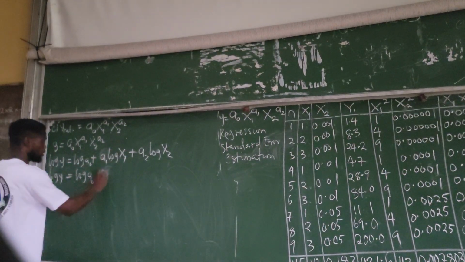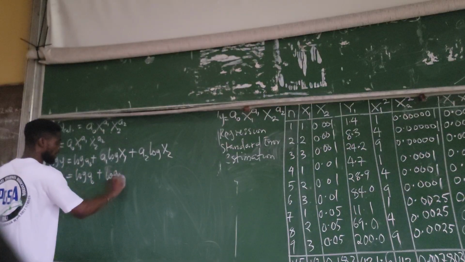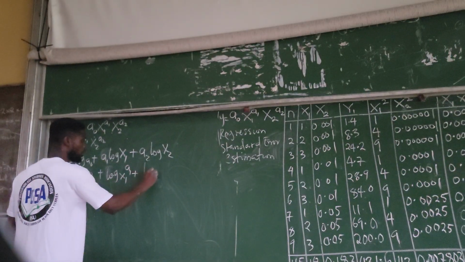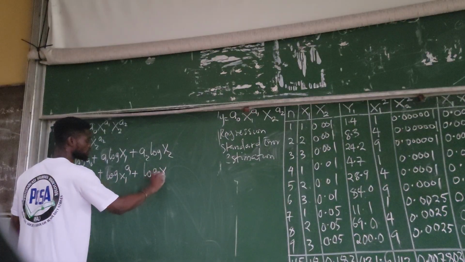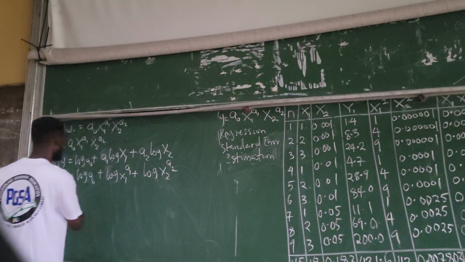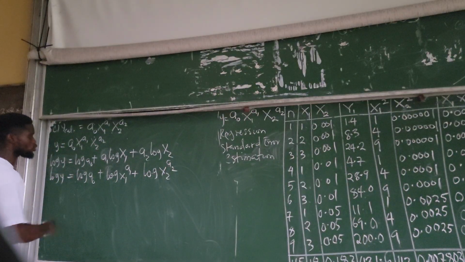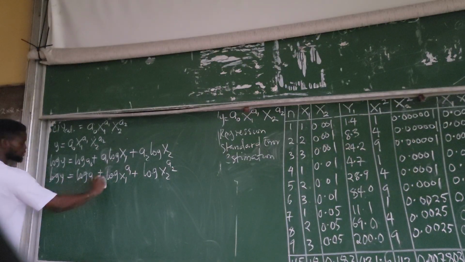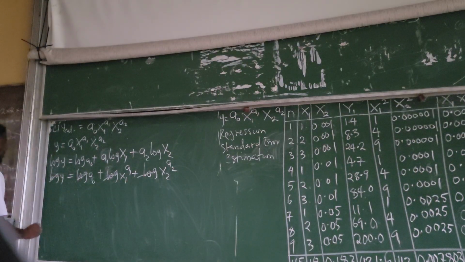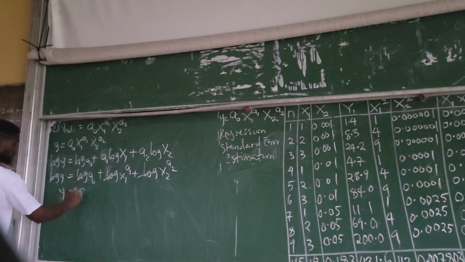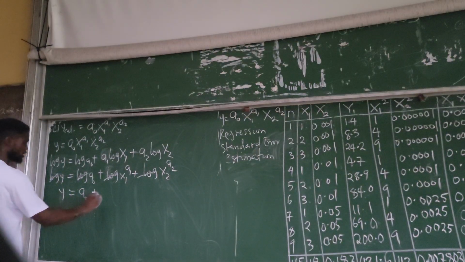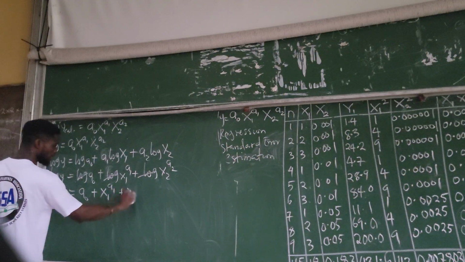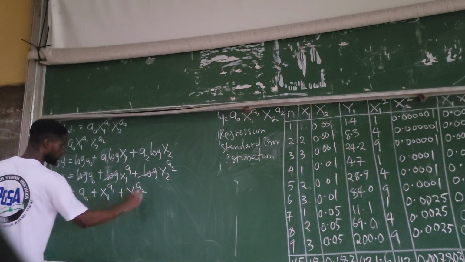So log x1 A1 plus log x2 A2. So equating the logs, since the logs are the same, they cancel, and we have Y is equal to A0 plus x1 A1 plus x2 A2.